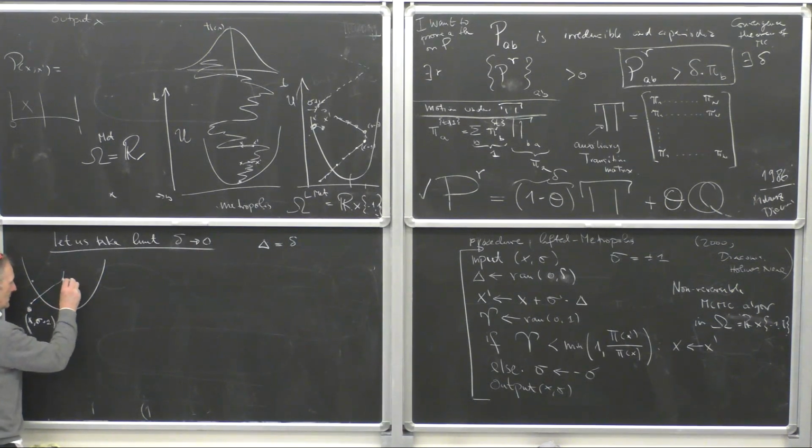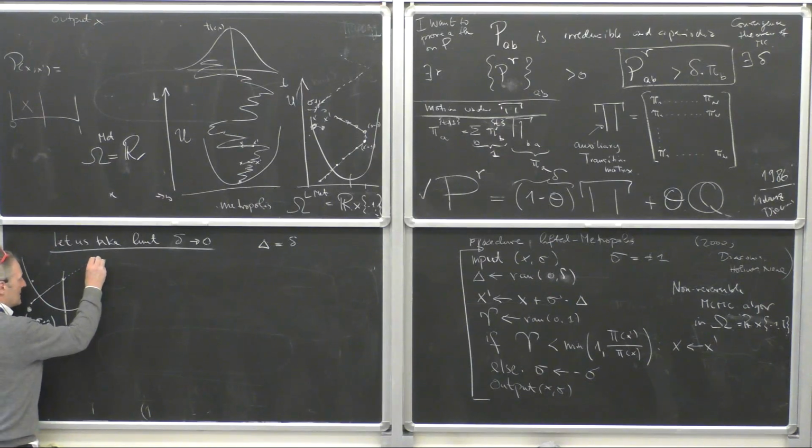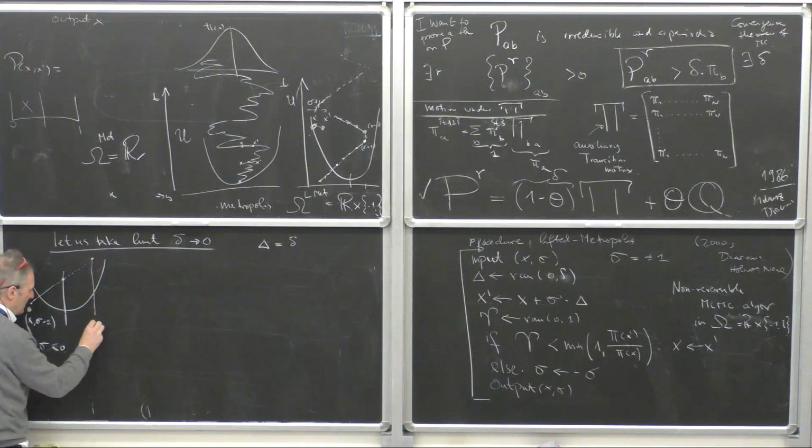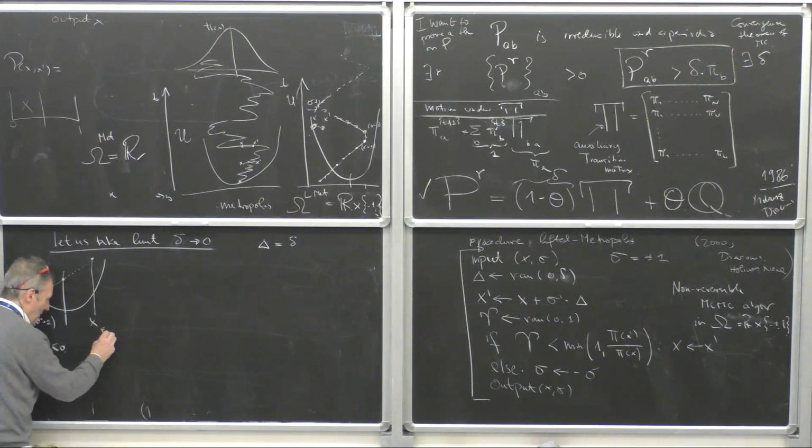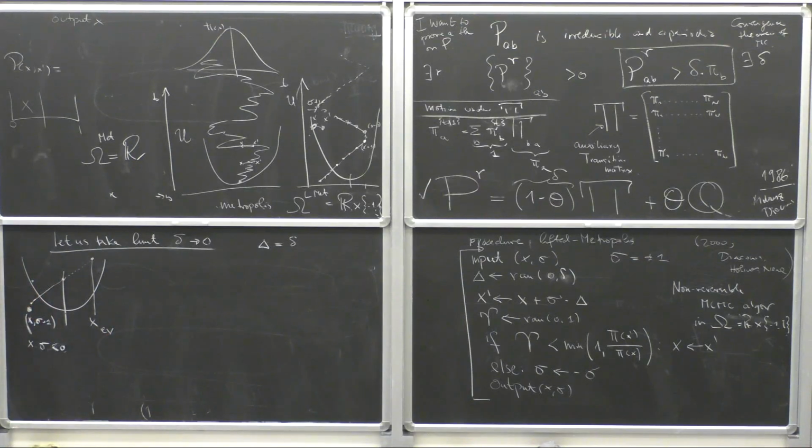So now we continue. And I'm asking a question. What is the probability that at an x that I call x event, I reject the move for the first time? You understand? So I'm not going to program actually the algorithm.